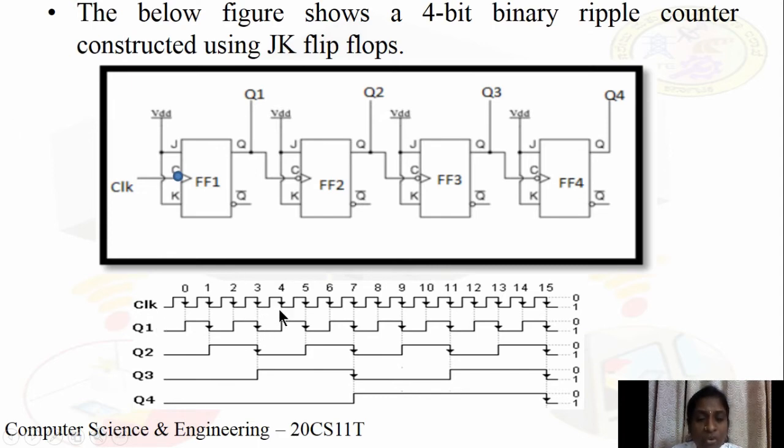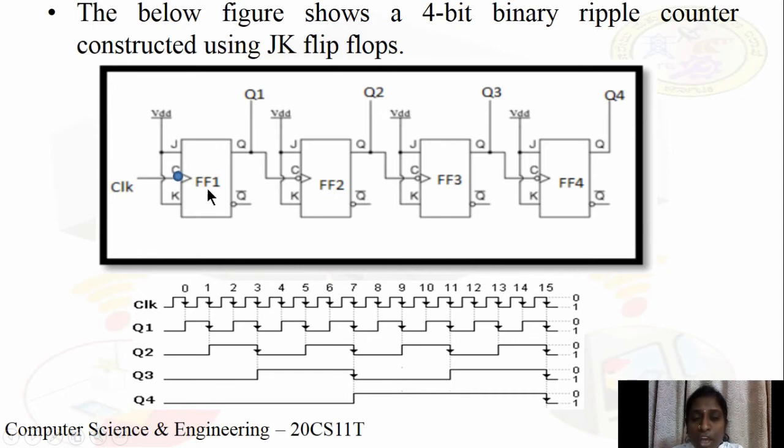Similarly, observe here, for all the negative edges of the clock, or the falling edges of the clock, the Q1 values will change. Now, this Q1 output will act as an input to the second flip-flop, because we enter the clock only for the first flip-flop. For the next flip-flops we won't enter the clock pulse.